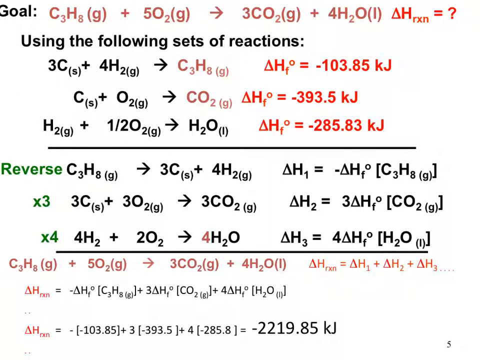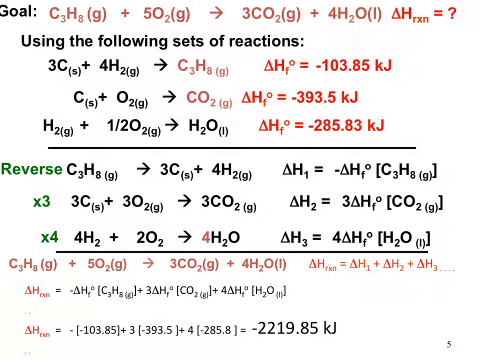So what we're going to do here is utilize Hess's Law to calculate the delta H of this overall reaction by utilizing the delta H of formation values associated with the formation of specific components of the overall equation. In order to do this, we need to have our individual thermochemical equations sum to the overall equation we're looking for.